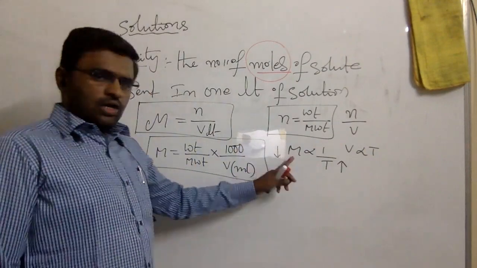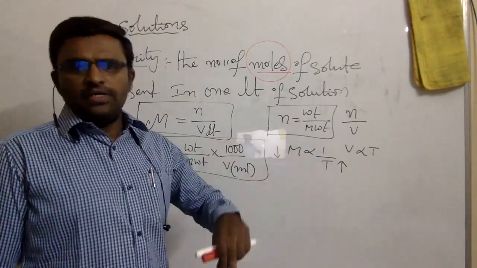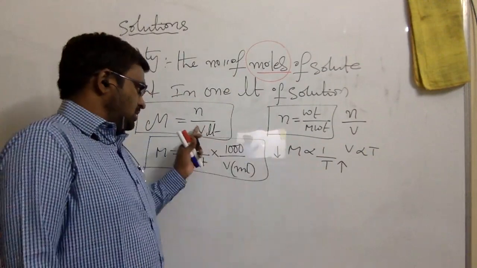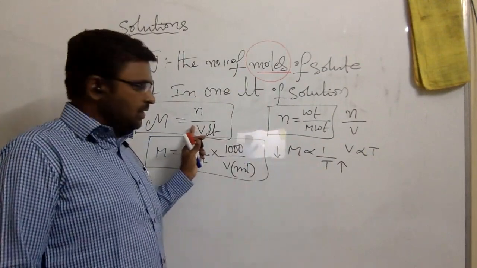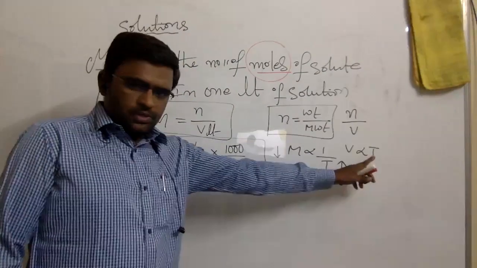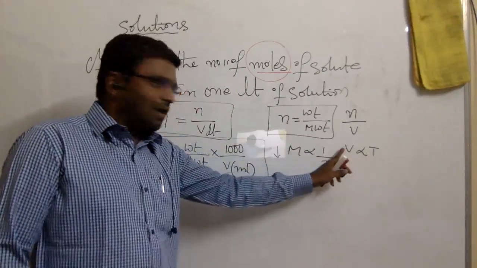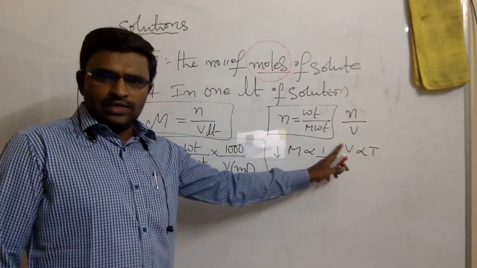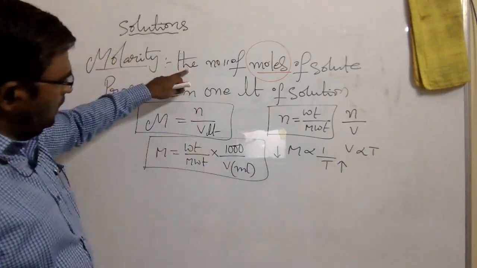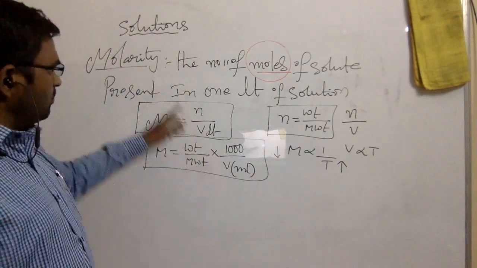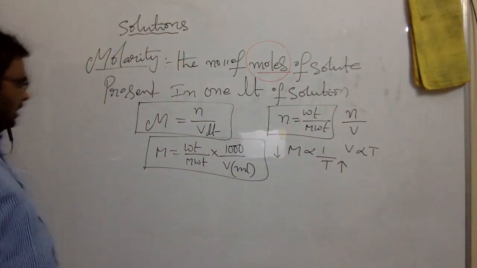So finally, molarity always depends on temperature, because the denominator is volume, and volume always depends on temperature. If the temperature rises, volume will increase. So this is the definition and the formula of molarity.